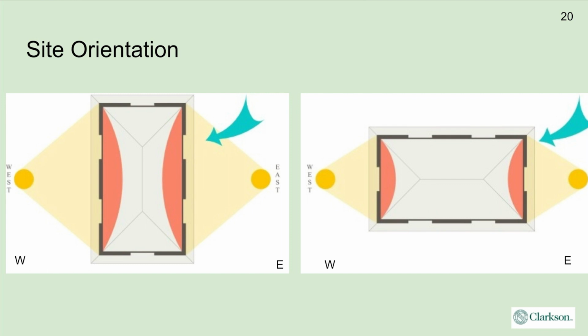placement of your home is very important depending on where the sun rises and sets. Long sides of the home facing the sun will have a lot of heat inside. Shorter sides of the home won't have as much heat inside the home. And that's just because of the area of your home that the sun hits.